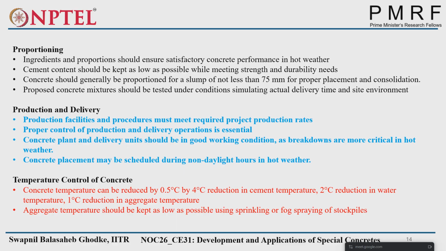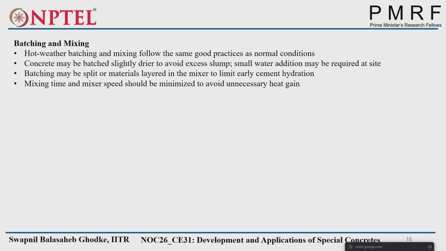These are the conditions you have to follow on the site according to the requirement. And the aggregate temperature we can keep low using sprinkling or fog spraying on the aggregate surfaces. Batching and mixing is similar to normal concrete batching.